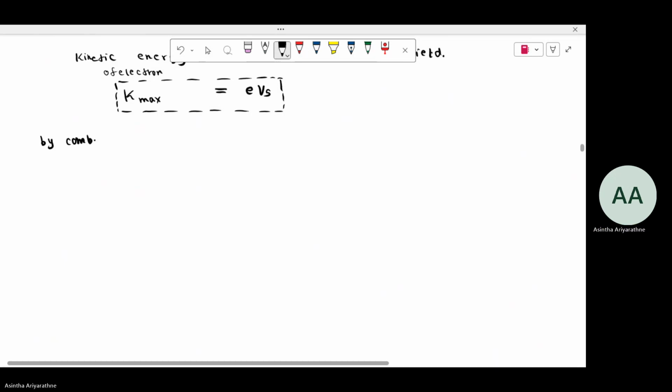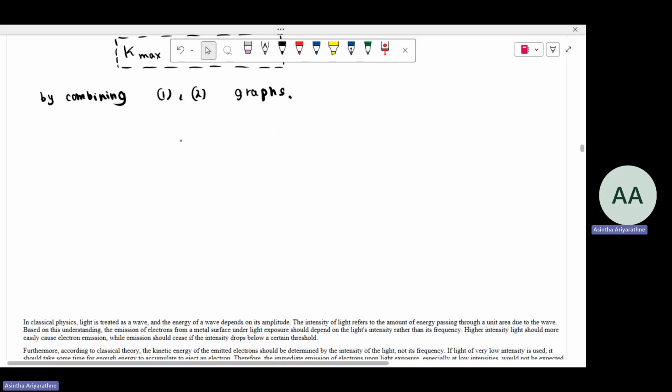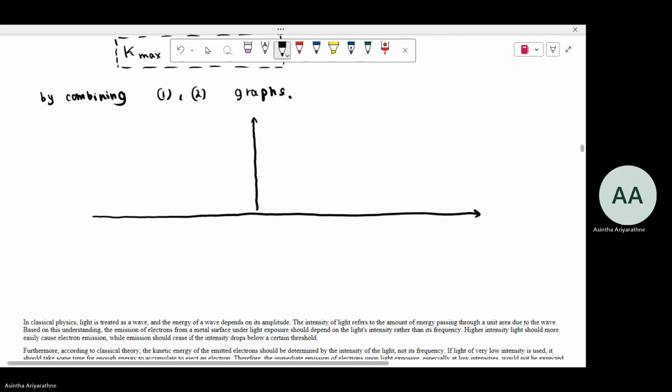So by combining graphs 1 and 2, we have this full graph of photocurrent against voltage VAC.